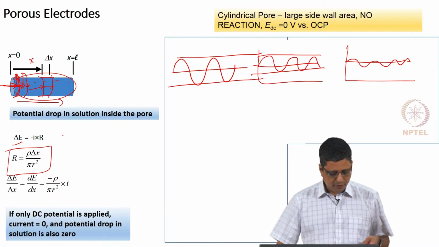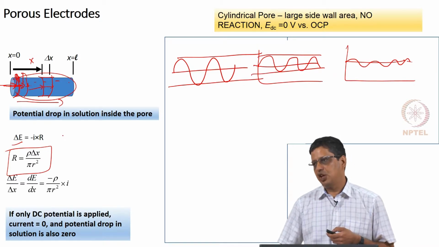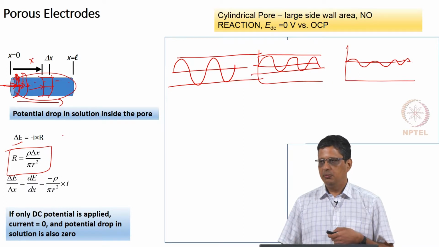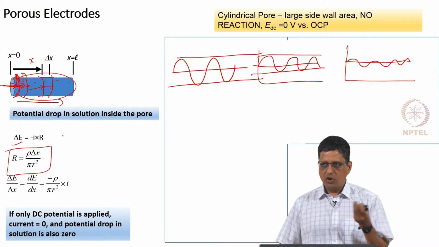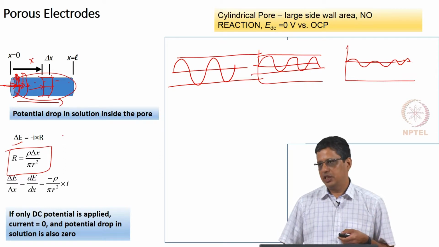Now, as we mentioned before, if we apply only a DC potential, the current will be 0. If the current is 0, there is no pressure drop here, or no potential drop here. That equivalent is not there in the flow in a pipeline. If we consider flow in a pipeline, that would be equal to having a redox reaction present here.